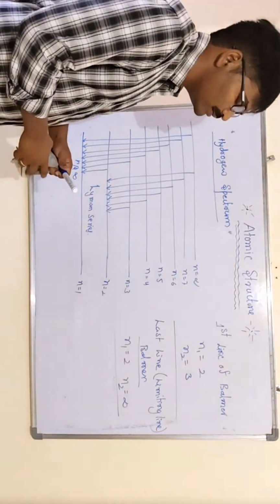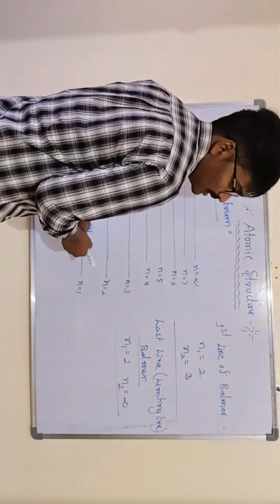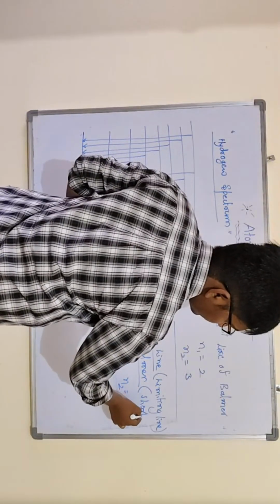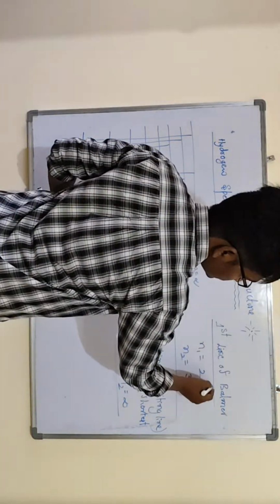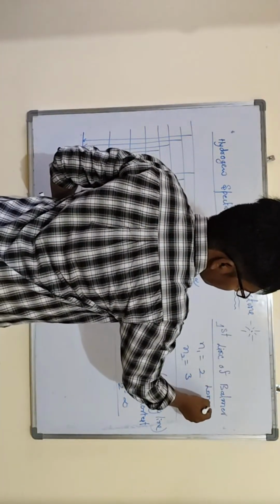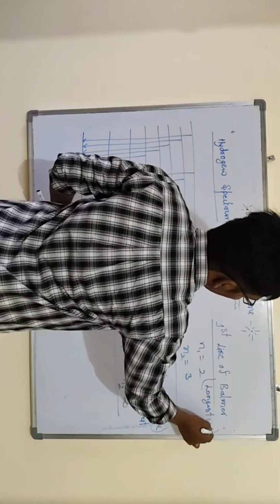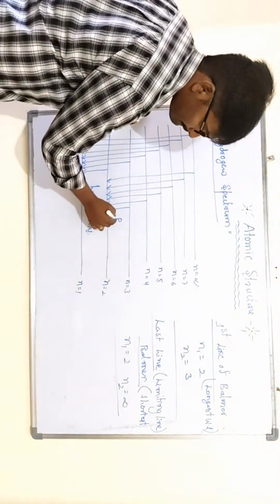Wherever the last line is there, that is the shortest wavelength. Wherever the first line is there, that is the longest wavelength. So this is Balmer series.